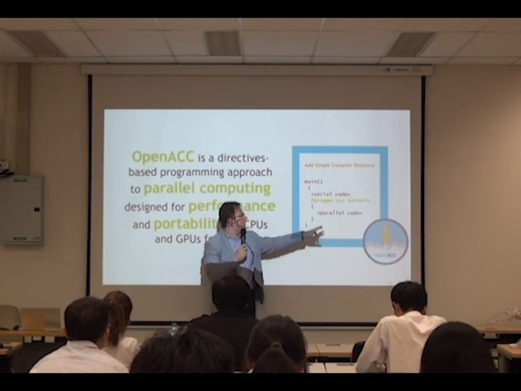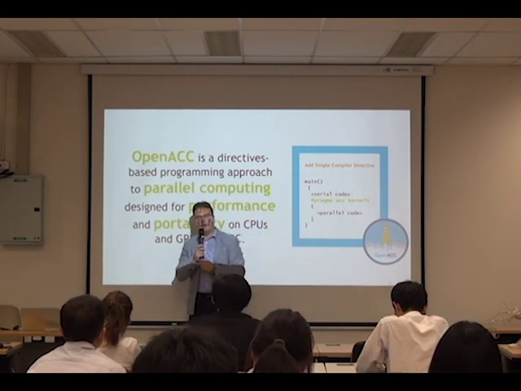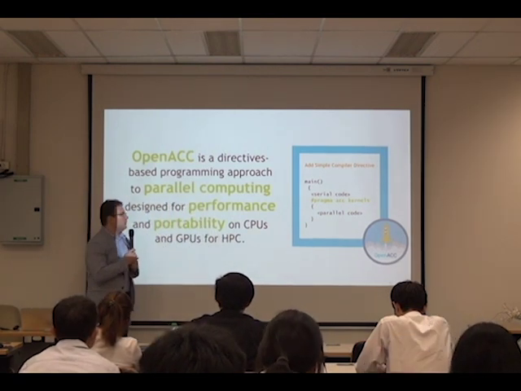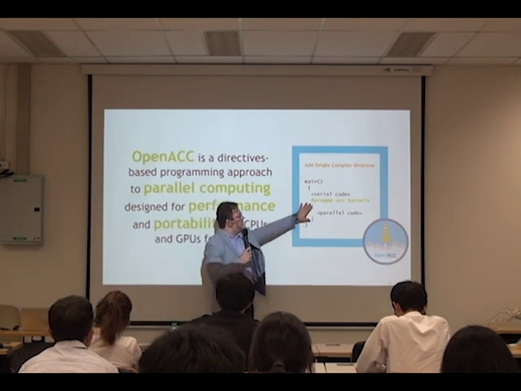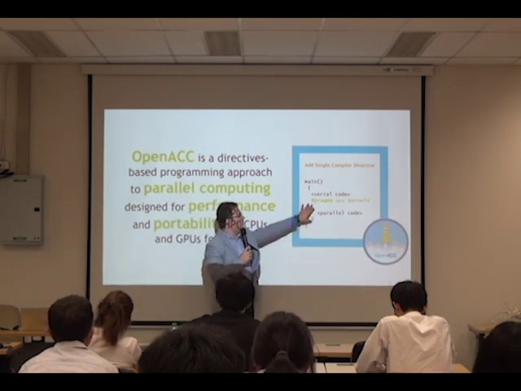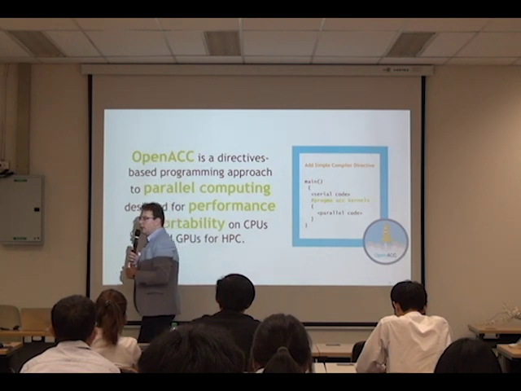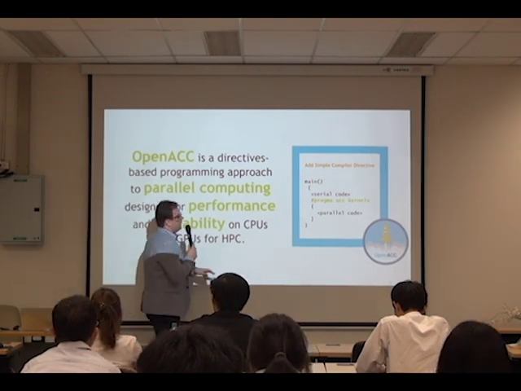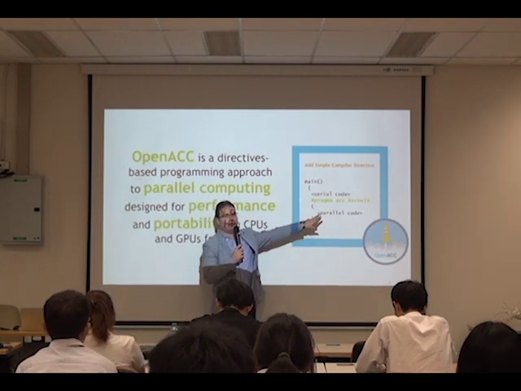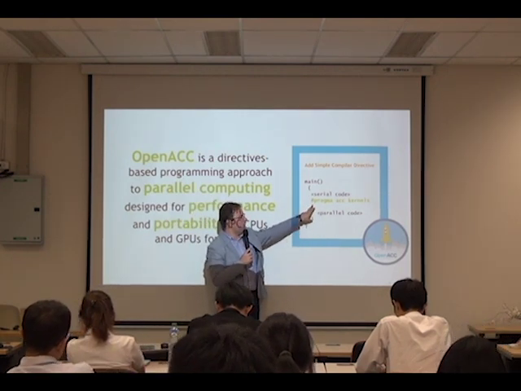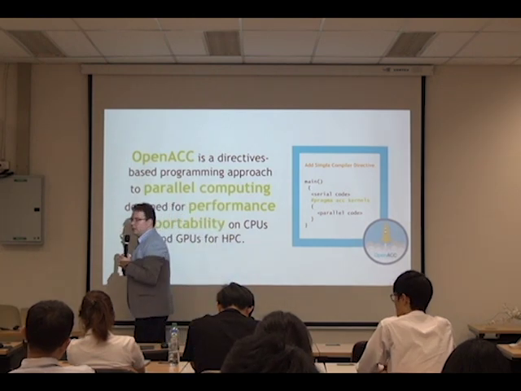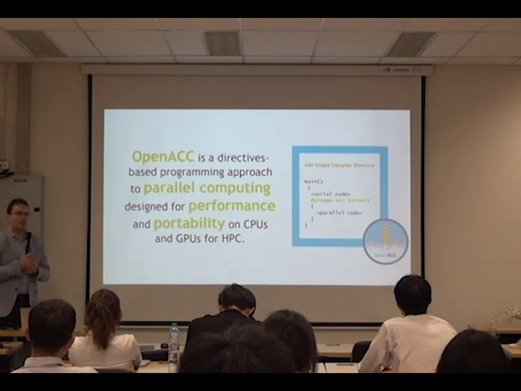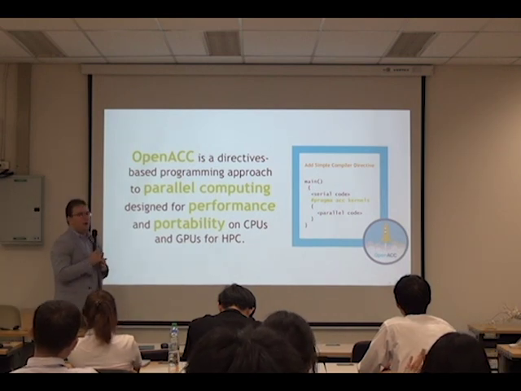This thing here in green, hash pragma acc kernels, is the only thing you need to put in your code to instruct the compiler to generate GPU code out of this block. So this one single line can allow you to run on the GPU, making it very, very easy to parallelize your code without knowing any CUDA programming.